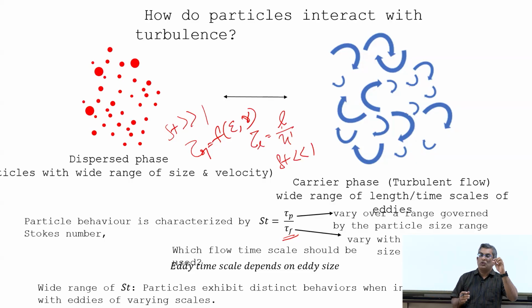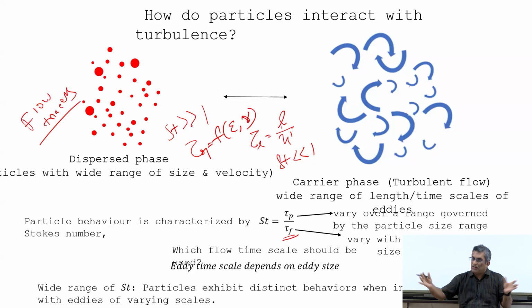So those particles actually can be categorized as flow tracers. So when we say flow tracers, these are those particles which track all turbulent eddies. On the other hand, if the Stokes number of a particle based on the large scale eddy itself is much greater than 1, let's say it is 100, then obviously it won't respond to small scale eddies also.